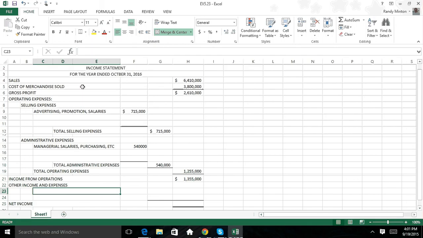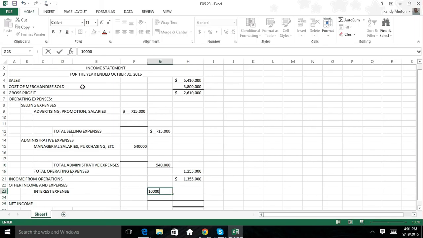And in this case, interest expense is the only one that we have, and that amount happened to be $10,000. And I want to say that goes over in the next column. So the total in this case of all of these is going to be the $10,000, because we don't have any others.